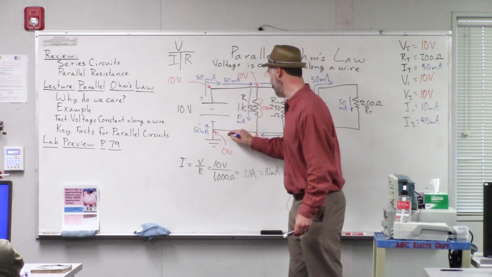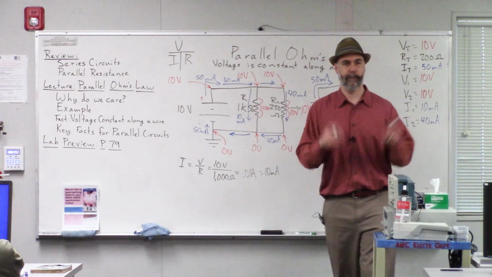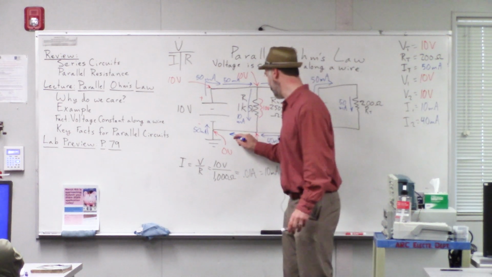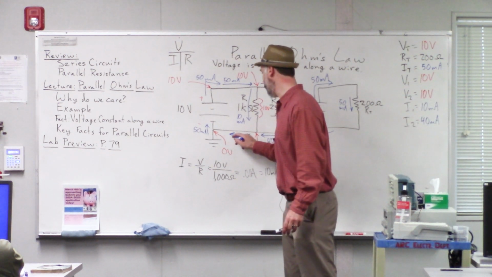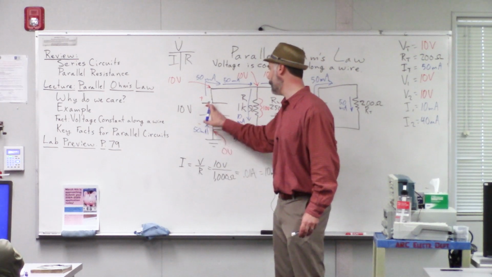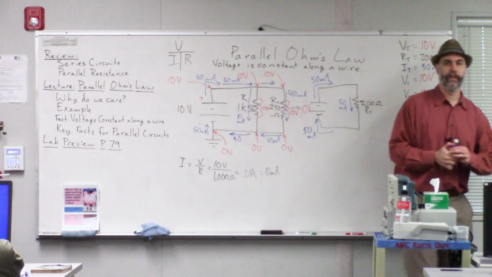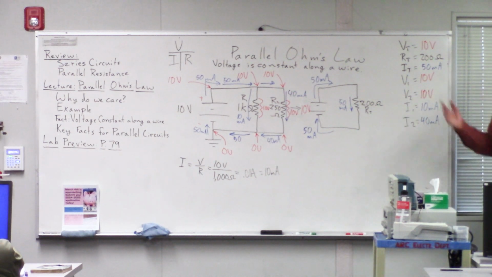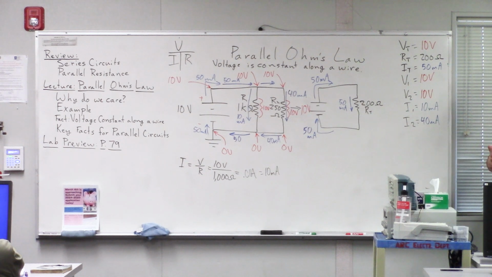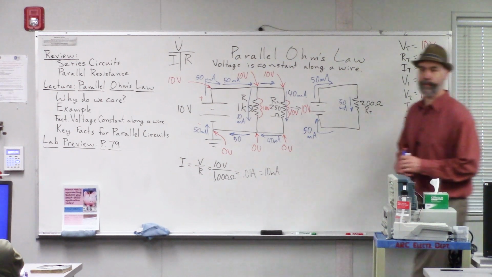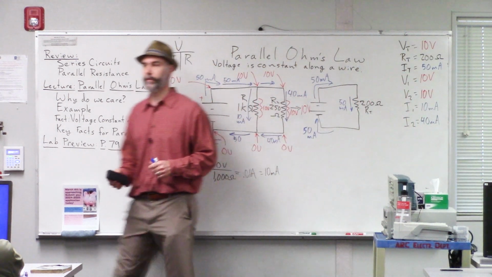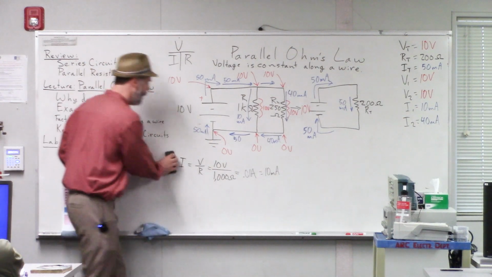So then how much is flowing through that wire there? 50, exactly. And that's good because we said we better have 50 milliamps going back into our power supply up there. Okay, so that works out. So that's how we can do Ohm's law with a parallel circuit. So are there questions about that? Okay.